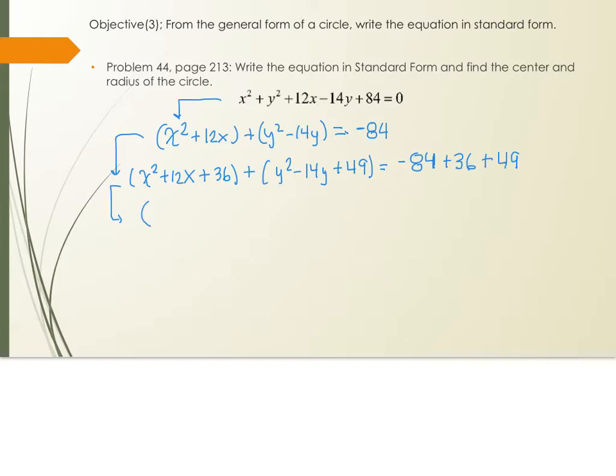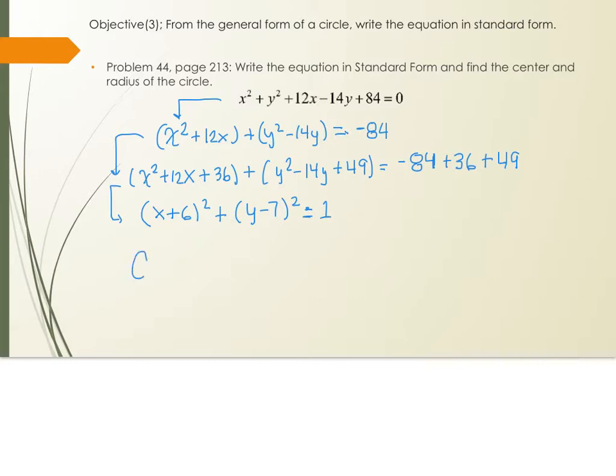So now we have a perfect square. Our perfect square is (x + 6)² + (y − 7)² is equal to, it looks like when we add everything together, we get 1.